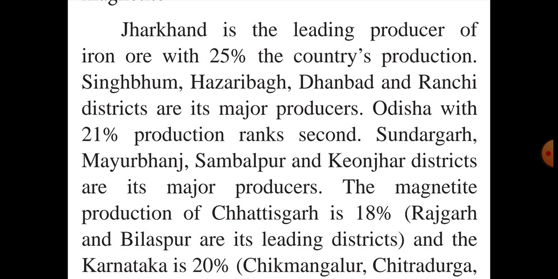Andhra Pradesh and Tamil Nadu produce 5% each. Also the Namakkal, Tiruvannamalai, Tiruchirappalli, Coimbatore, Madurai and Tirunelveli districts of Tamil Nadu have notable production of iron ore.